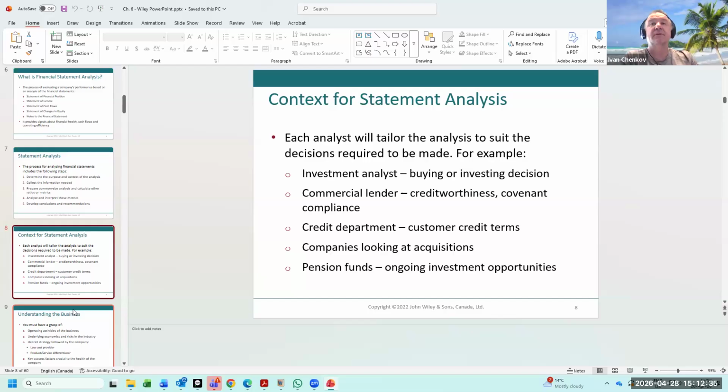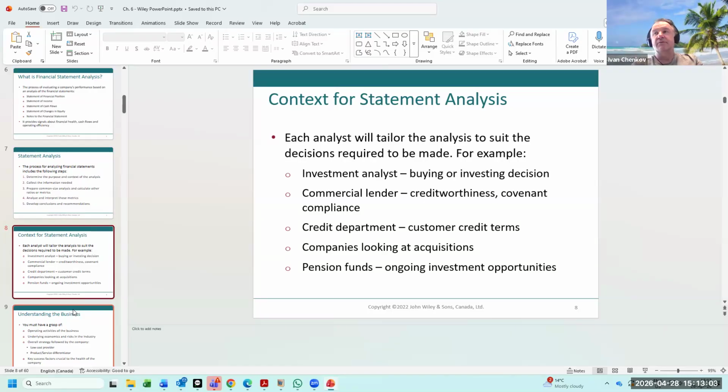For commercial lending, it will be whether this company is creditworthy or can comply with the covenants, the restrictions that we can put in place to protect our interests in the company. For the credit department, we want to see if the customer actually pays within the credit terms.